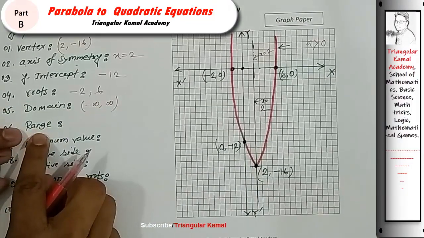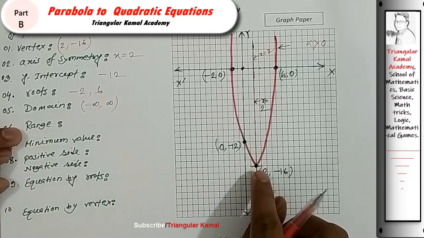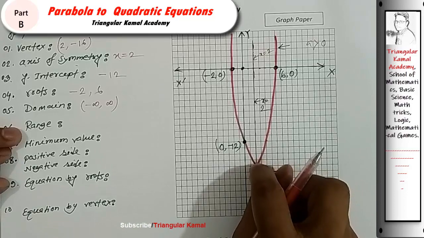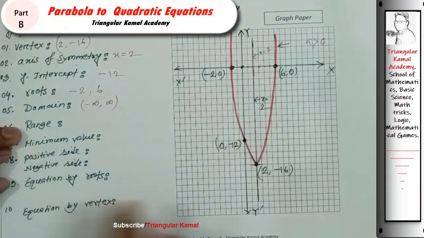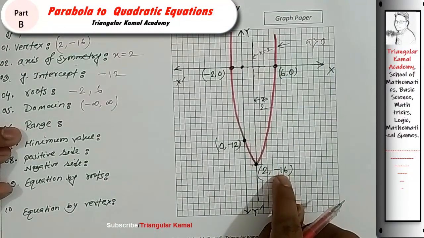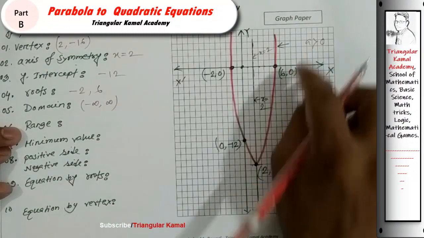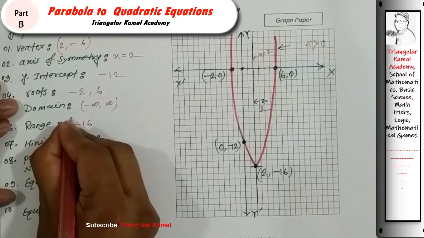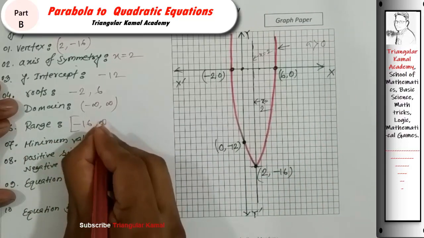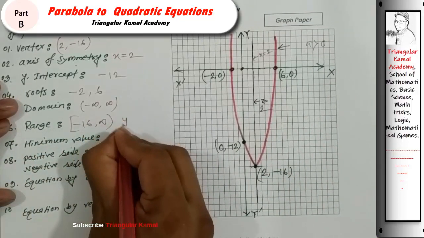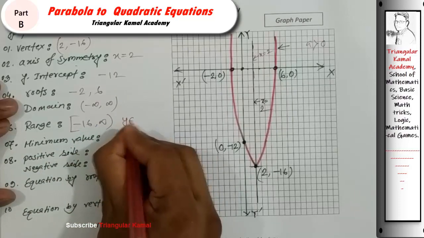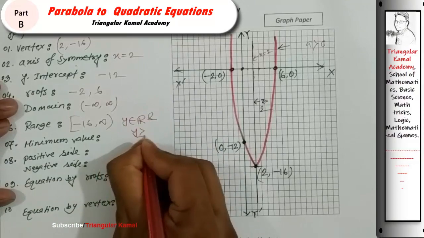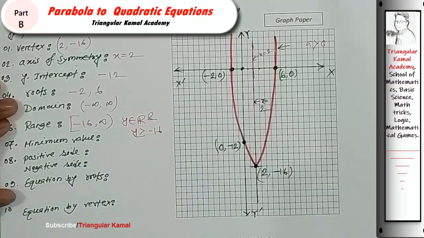And the range of the equation: the minimum point of y is minus 16, and it opens up, so it starts from minus 16 and goes to infinity. Or we can write y is an element of R and y is greater than or equal to minus 16.